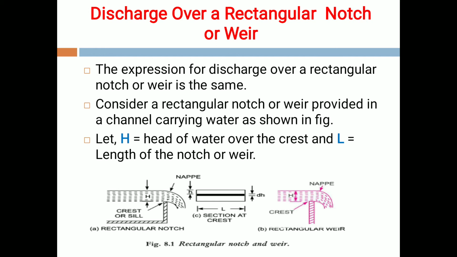Okay. So, the expression for discharge over a rectangular notch or weir are the same. Means the expression for discharge over a rectangular notch is similar to the expression for the discharge over a rectangular weir.